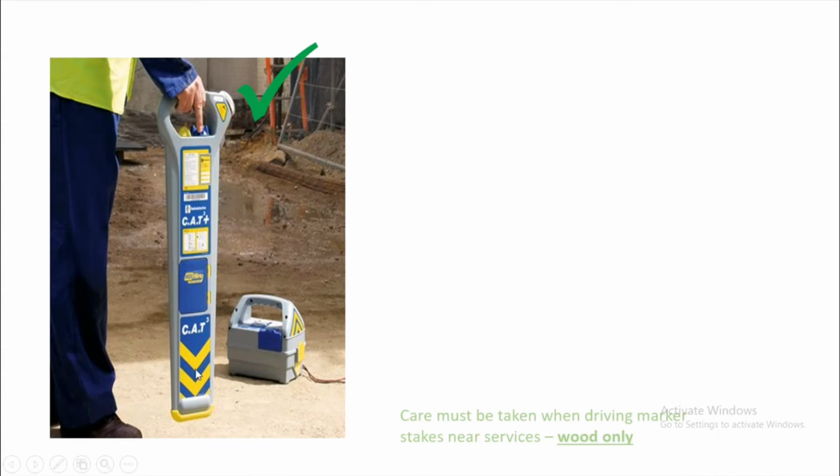This type of CAT scanner can detect even pipes, because the small one is the relay that will give a signal to the main equipment that there is an underground service, even if it is not energized. But usually the CAT scanner is only a single piece of equipment like this, the long one on the left side.